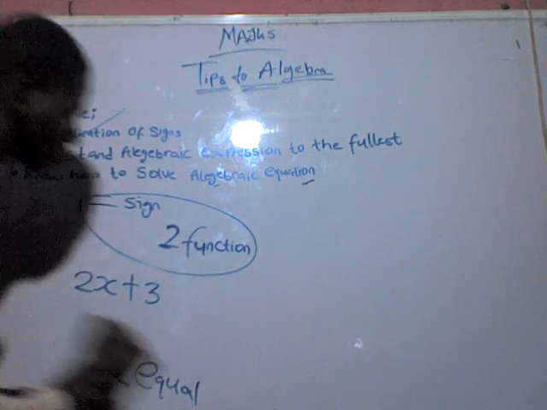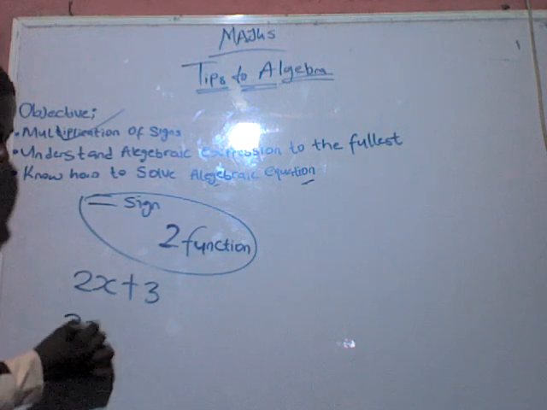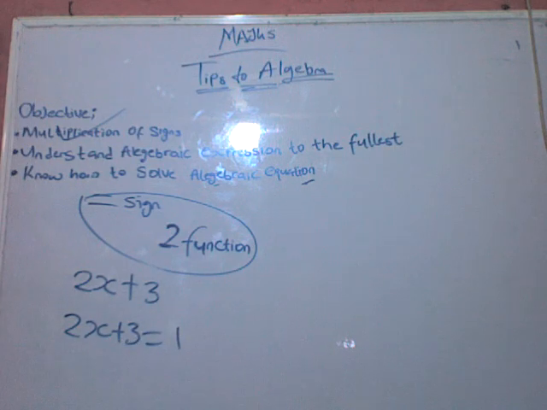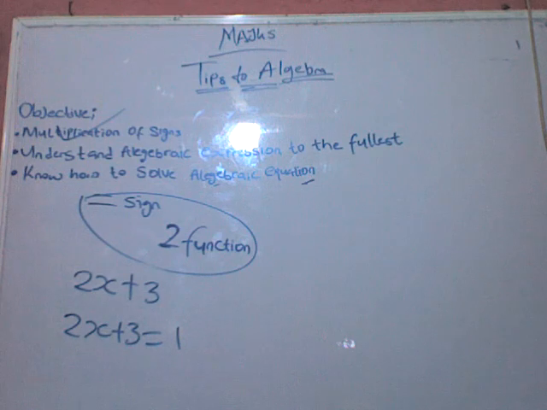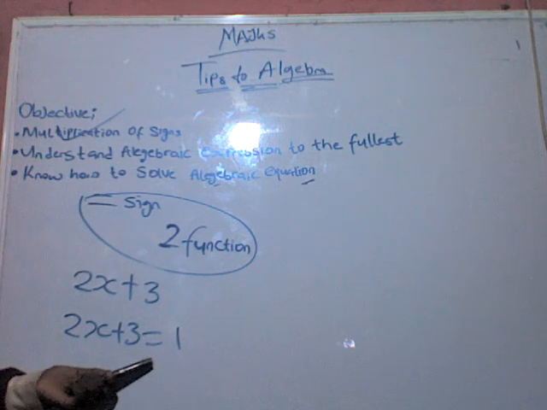So you should always know that an equation is when an expression has an equals to sign. For example, we have the same 2x plus 3 equals to 1. And now this is our second function of our equals to sign.